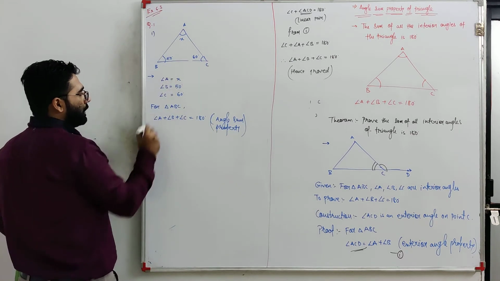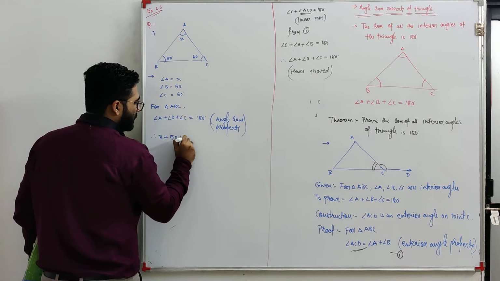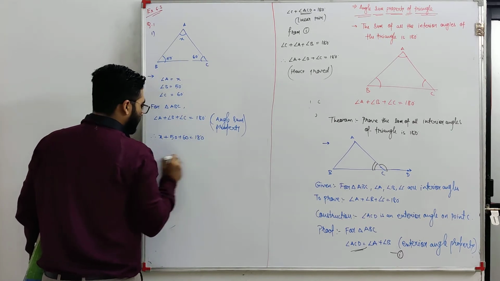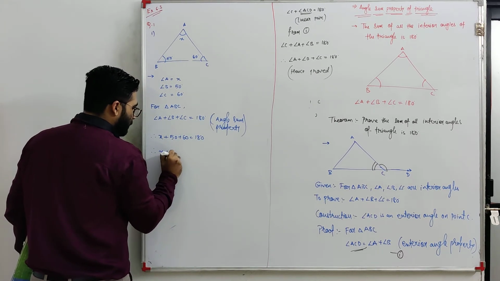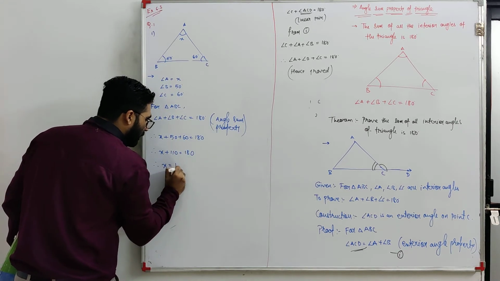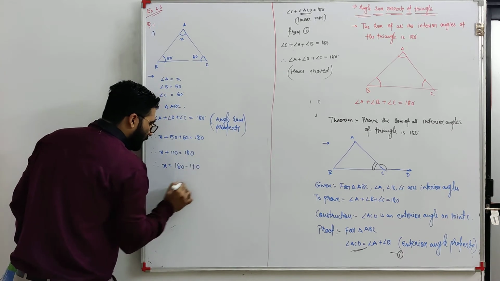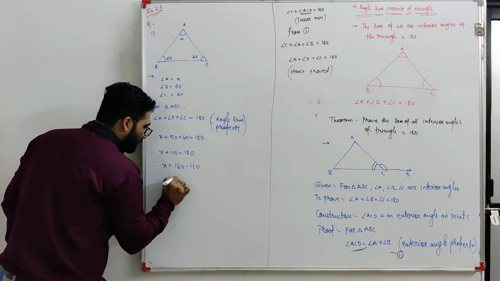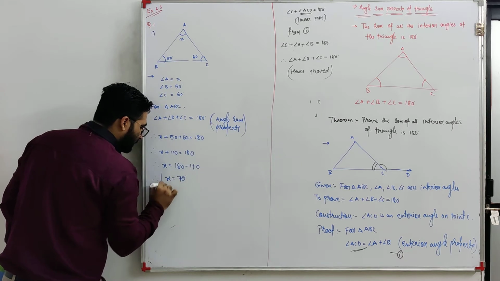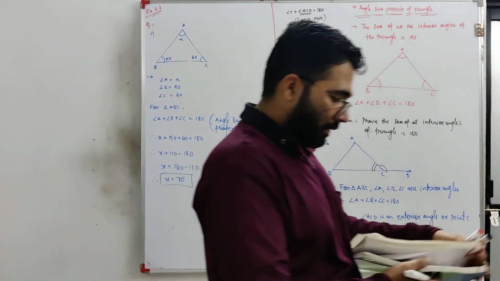Therefore, x plus 50 plus 60 is equal to 180 degrees. Therefore, x plus 110 is equal to 180. Therefore, x is equal to 180 minus 110. Therefore, x is equal to 70 degrees. So like this, I can find the x.